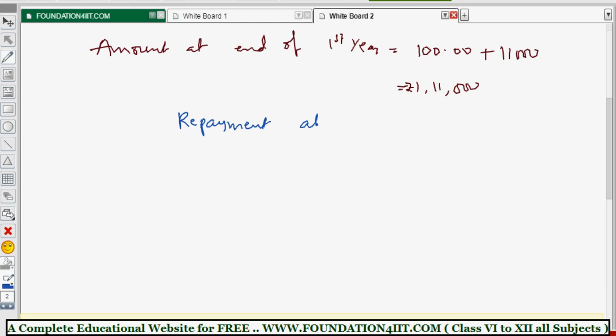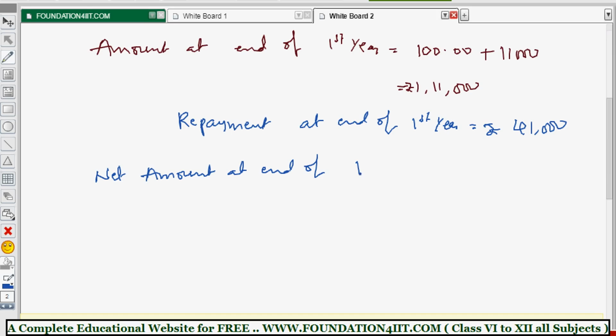Repayment at end of first year is rupees 41,000. Right. So net amount at end of the first year now. You already repaid. So net amount at end of first year. So total amount is 1 lakh 11,000.